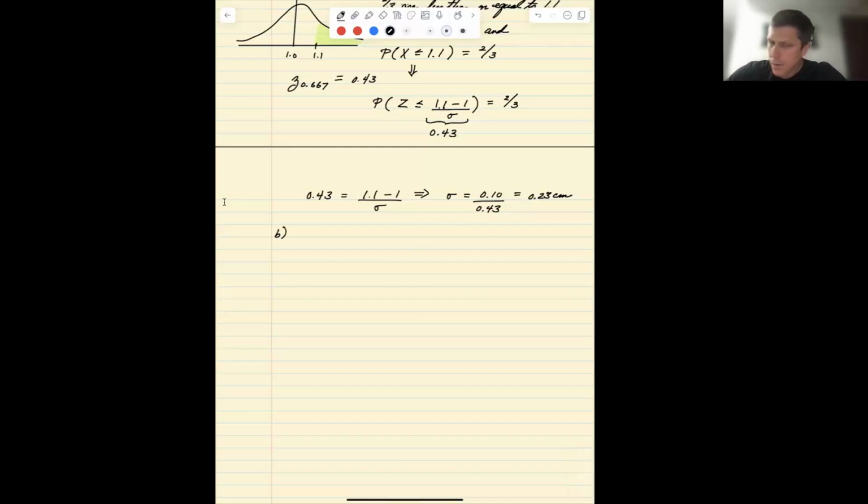Okay. What fraction of the marbles have a diameter within 2 centimeters of the mean?